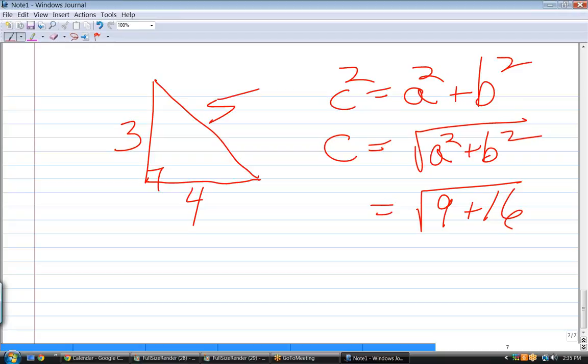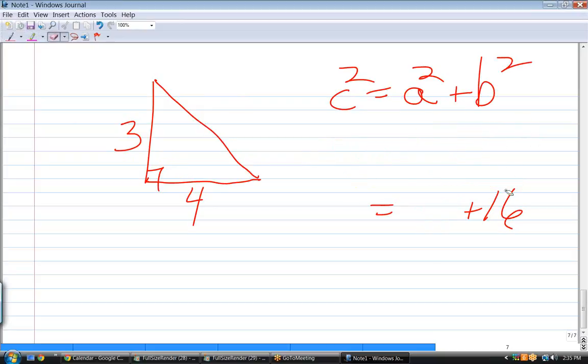Okay? Now, we didn't have to do it the hard way. If you recognized a 3, 4, 5 right triangle, when you saw the 3 and the 4, you'd know that was 5 instantly. But it proves a point on how you come up with C. Okay? Now, there's only one other situation. And that's where you have the hypotenuse and one of the short sides.